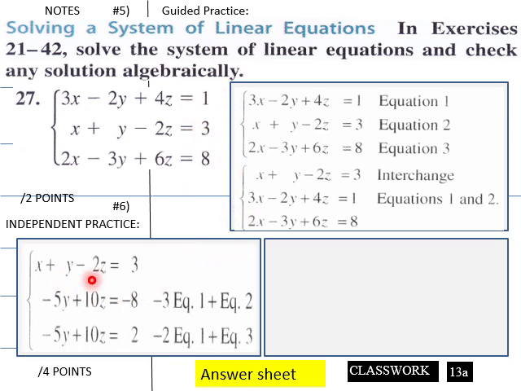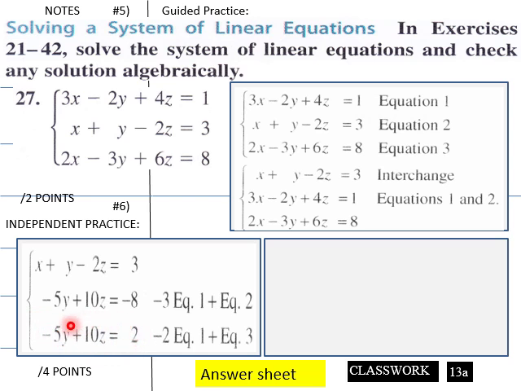So now we have x plus y minus 2z equals 3, and then negative 3 times equation 1 plus equation 2. We get this, and then negative 2 times equation 1 plus equation 3, and we end up with this.